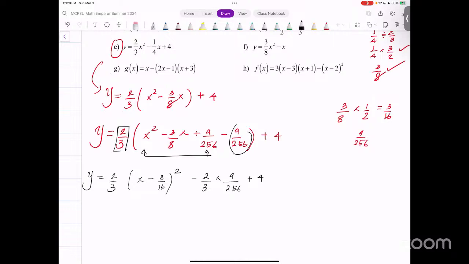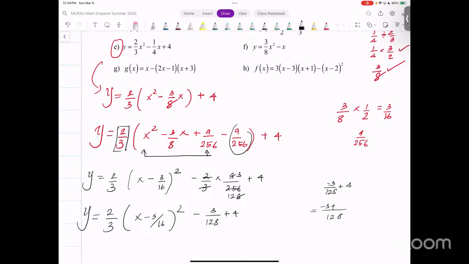Simplify that. Some of you didn't. 3 divided by 3 is 1, and 2 divided by that is 128. So minus 3/128 plus 4. We can easily simplify that. 128 is the least common multiple.